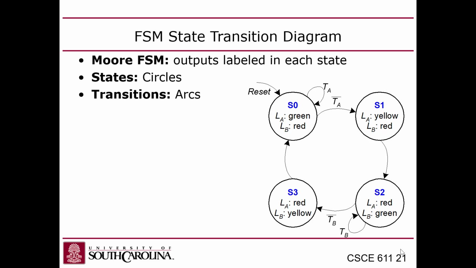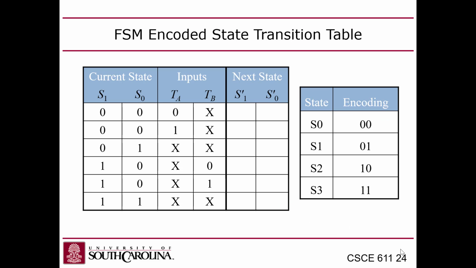The states are S0, S1, S2, and S3, and notice how the state value has S subscript 1, S subscript 0. So this S1 doesn't mean state S1. This S1 means the most significant bit of the binary value corresponding to the state, right? The state encoding. So don't let that confuse you. So S1 and S0 are the 2 bits of the state.